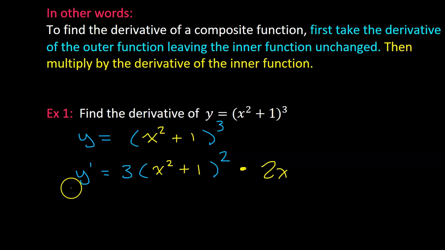So basically, this is the answer. This is the derivative. We could reorganize it a little bit and multiply the 3 times the 2x. So we could write y prime is equal to 6x times x squared plus 1 squared. And that would be the final answer.